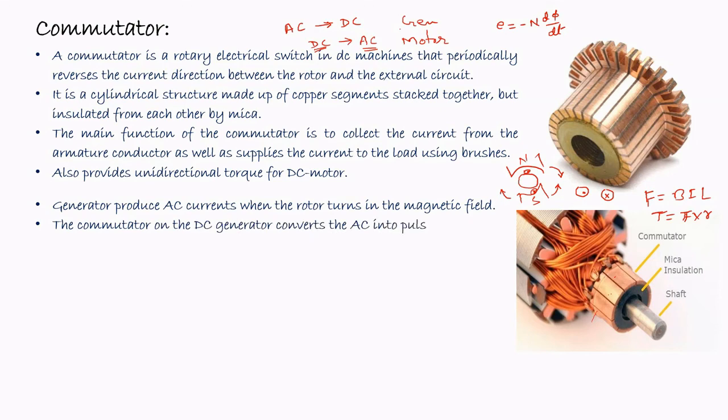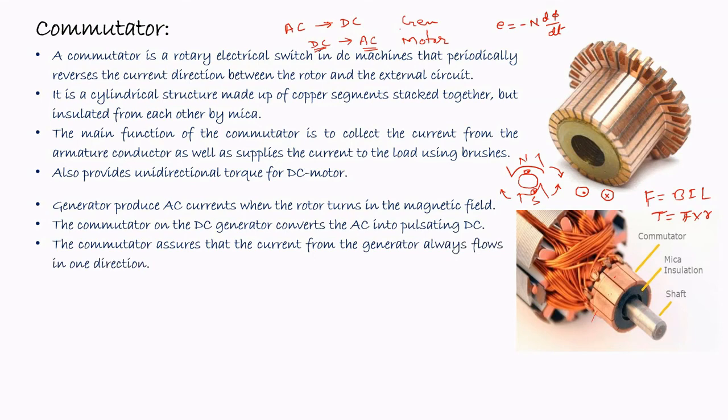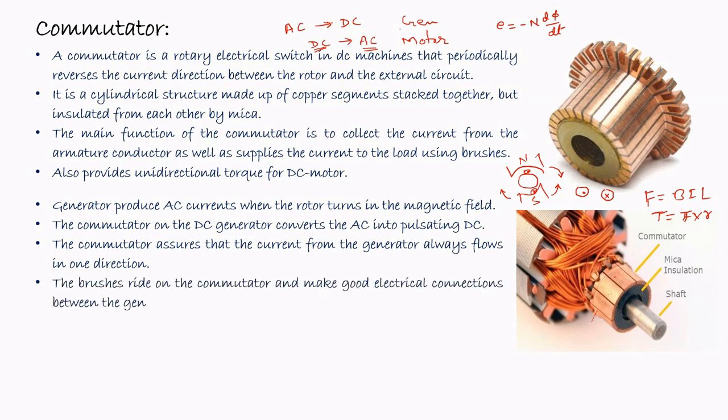The commutator on the DC generator converts the AC into pulsating DC, that we have discussed. The EMF which is induced is always AC in nature. But here the commutator will change the AC power into DC power. The commutator assures that the current from the generator always flows in one direction. That's why it will be considered as a DC current.